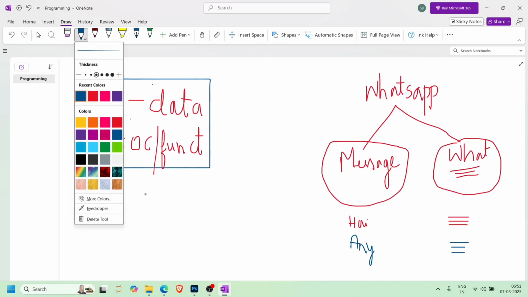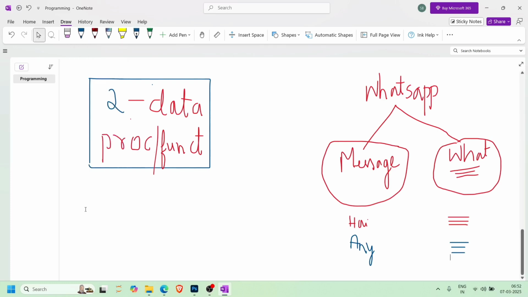First one is POP, and second one is OOP. What is the full form of POP? POP stands for Procedure Oriented Programming, and OOP stands for Object Oriented Programming.